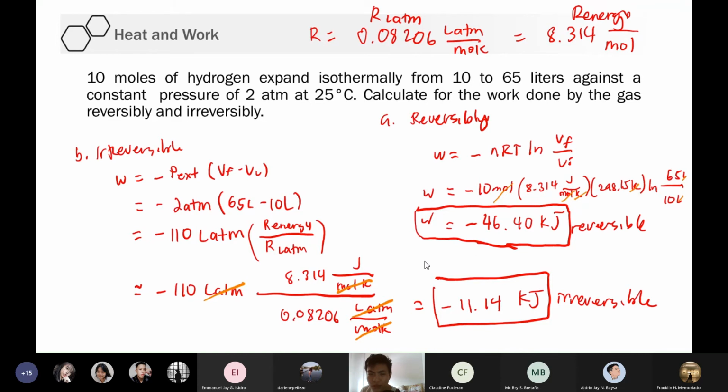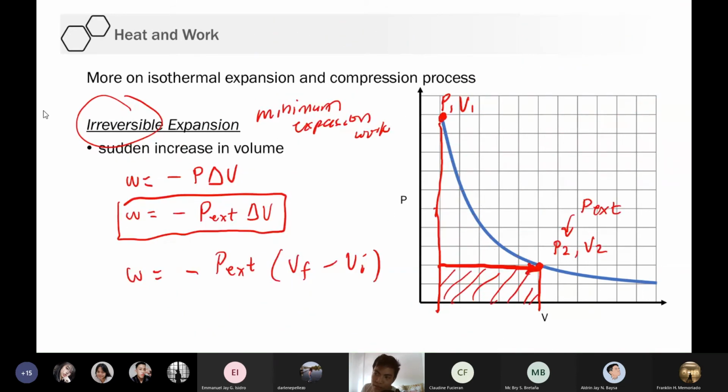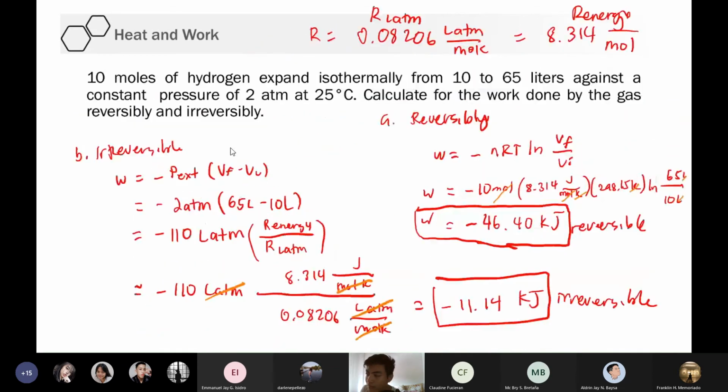So, kailangan makuha nyo consistent doon sa mga sinabi natin kanina. Minimum expansion work kapag irreversible, maximum expansion work kapag reversible. Ayun nga yung nakuha natin. Okay. Ayun lang.